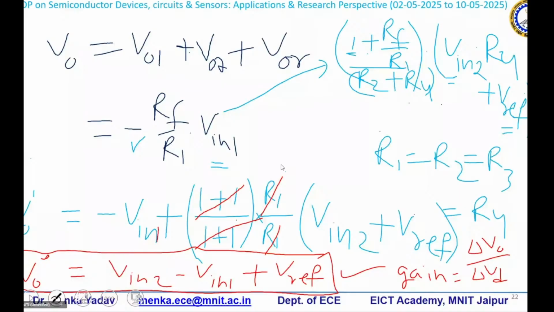So can I say that my gain is equal to 1 in this particular case, right? So the gain becomes 1 in this particular case, and this is how we can create the difference amplifier. Any questions so far in this? Do you have any questions? Please type N in the chat box if you don't have any questions.